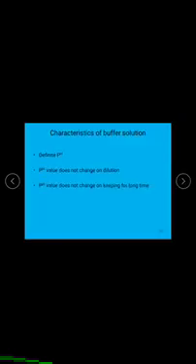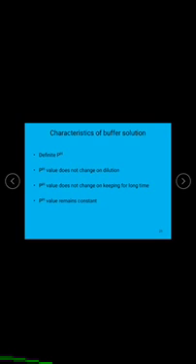Now let us see the different buffer solutions. Before going to discuss the types of buffer solution, first of all we have to know what the characteristic of a buffer solution is.